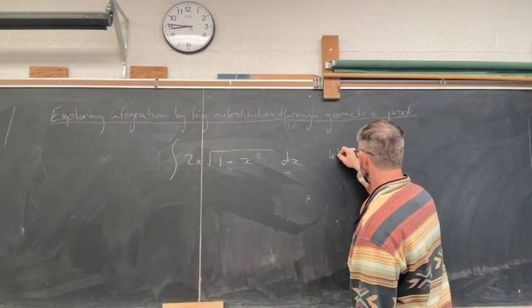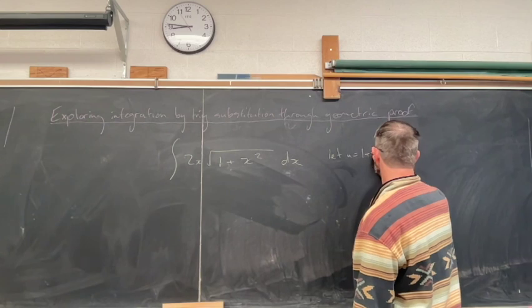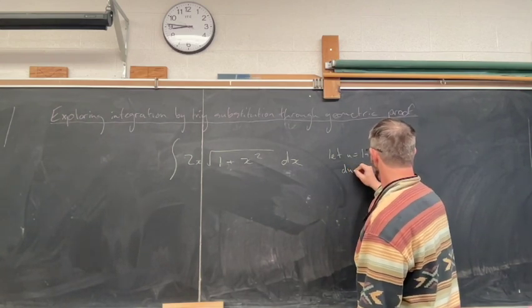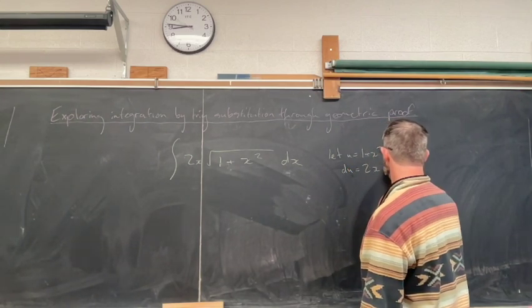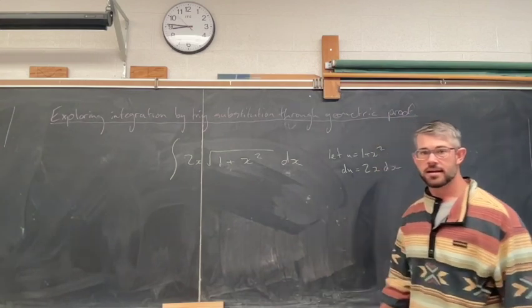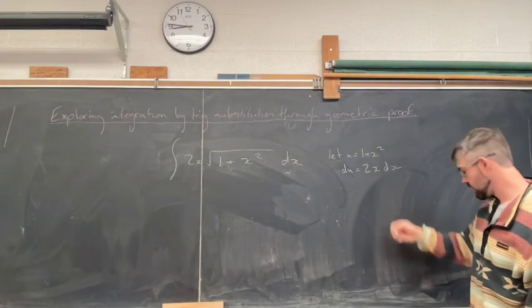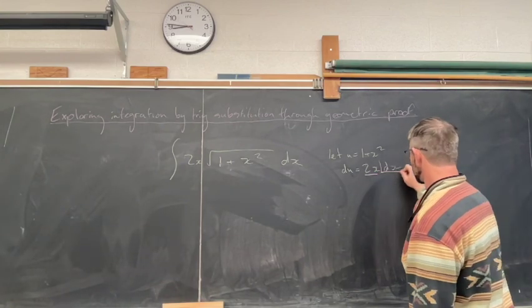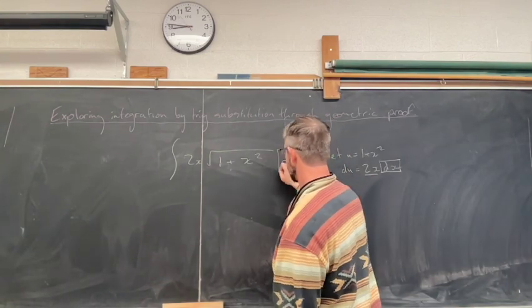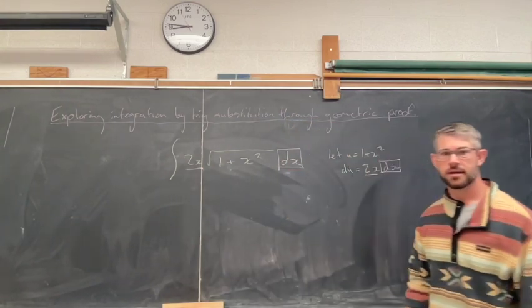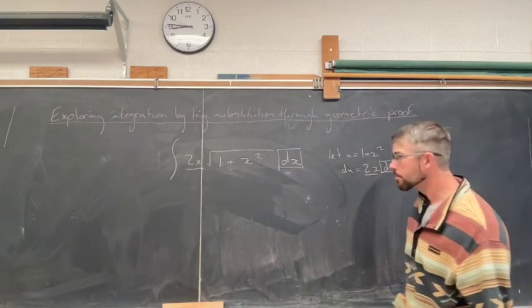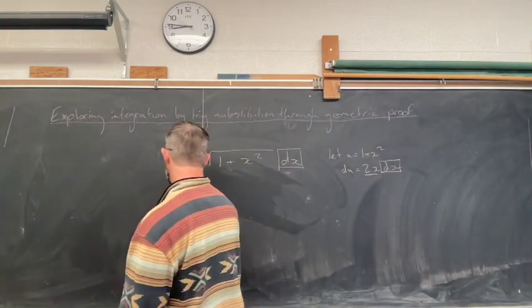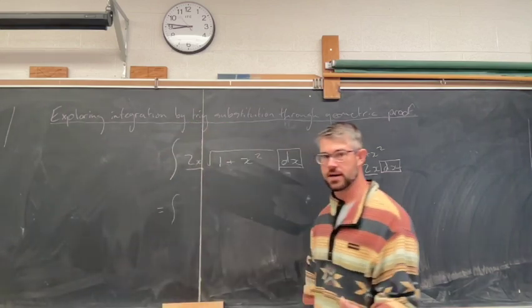So we're going to let u equal 1 plus x squared, and then hence du is equal to 2x dx. And so we're in that nice place where we can see all of du, both components, the 2x dx, as being a part of our question. So this is going to turn to a rather simple integral for us, and because it's indefinite, we don't have to worry about limits of integration at all.